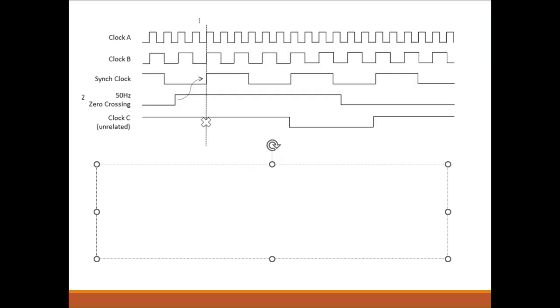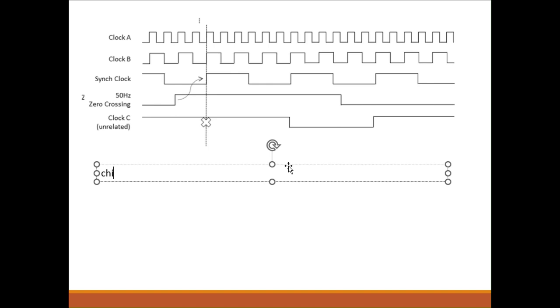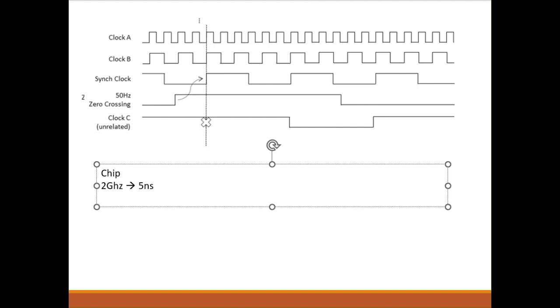So let us understand some more basics. Let us take an example of a chip. A chip has 2 gigahertz frequency. So what will be the time period? 0.5 nanoseconds.